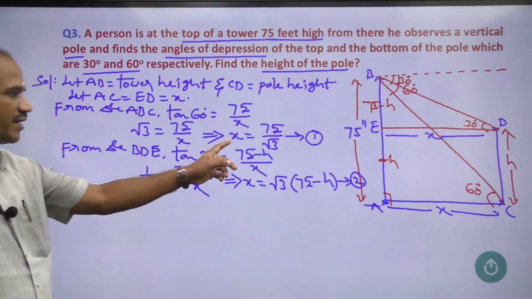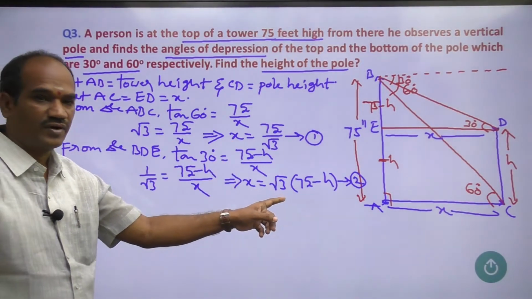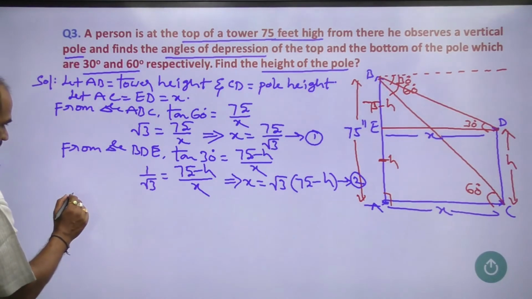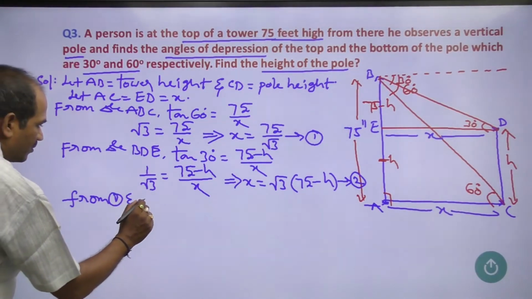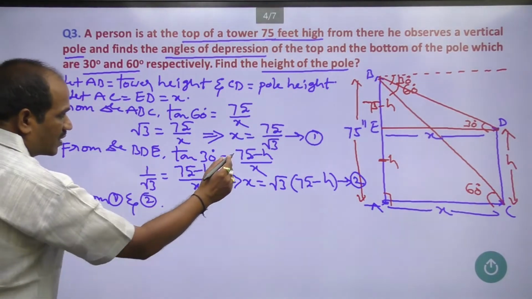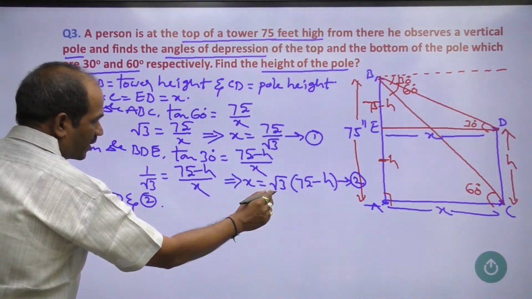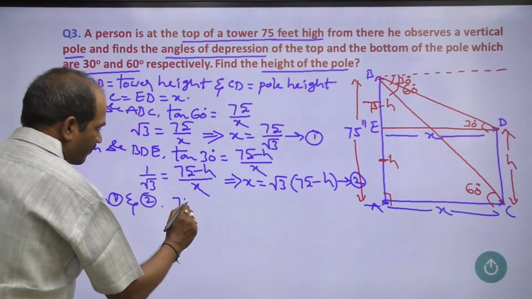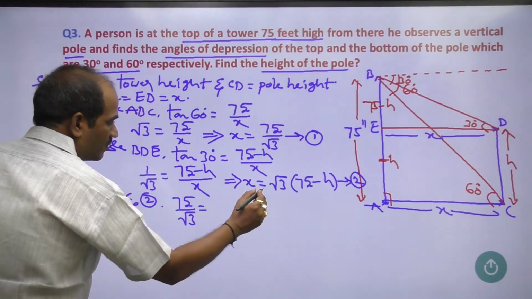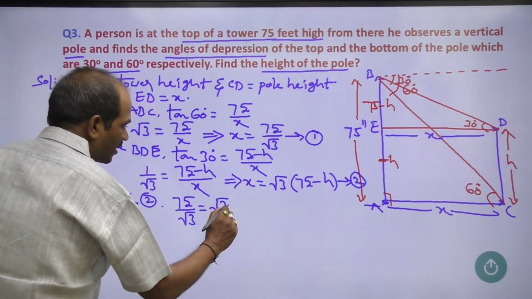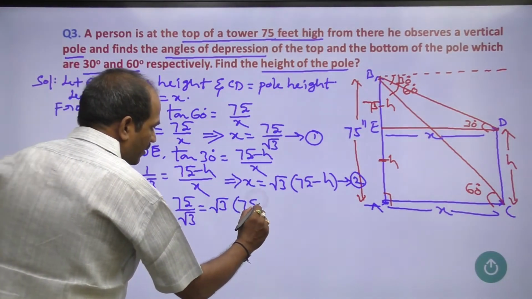From 1 and 2, this is also the x value, so these two are equal. 75 by root 3 is equal to root 3 into 75 minus h.